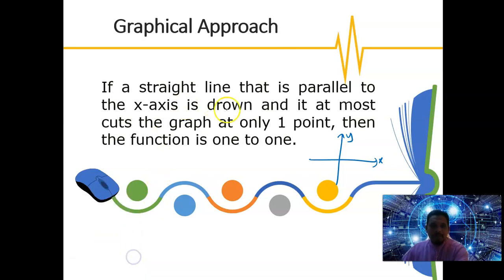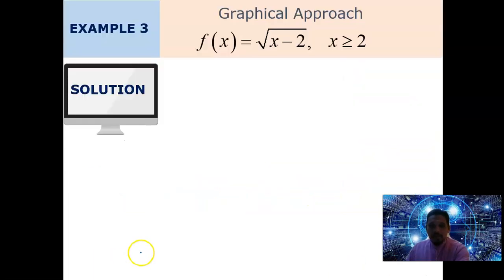If there is a straight line parallel to the x-axis, and it cuts the graph at only one point, then the function is a one-to-one function. Okay, so now the graphical approach.